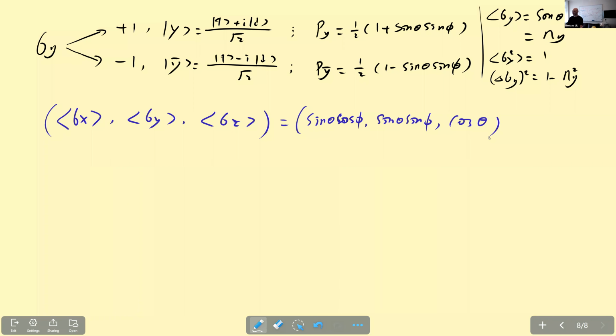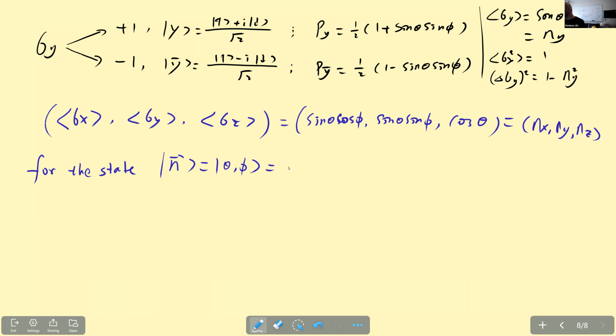What's this? That's very interesting, right? This is just the 3 components of the Bloch vector, and all of a sudden we got a physical meaning for the state. For the state m equals theta phi, that equals e to the minus i phi over 2 cosine theta over 2 spin up plus e to the i phi over 2 sine theta over 2 spin down.